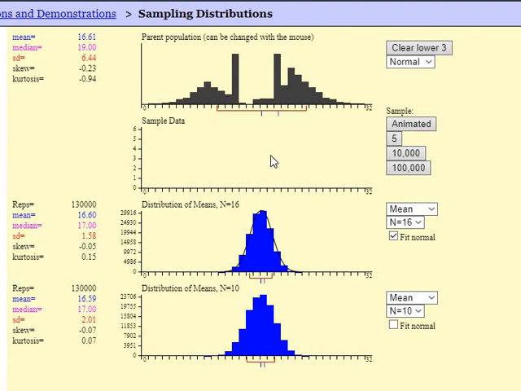So again, that's the central limit theorem. Regardless of the shape of the population, if you take large enough sample sizes, and you take all the sample means, in this case 10,000 or 100,000, and you plot those, you're going to get a normal distribution, or something that's approximately normal, and the mean will be the same as the mean of the original population, and the standard deviation will be sigma over square root of n.